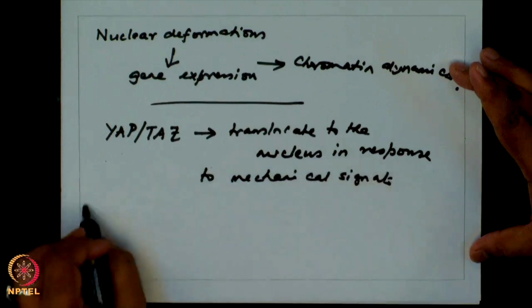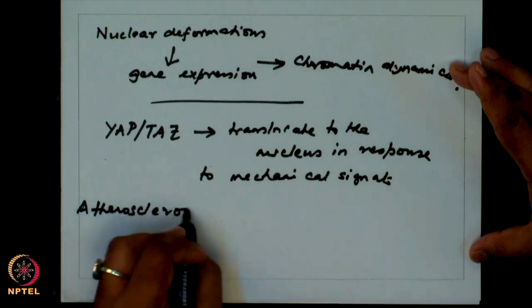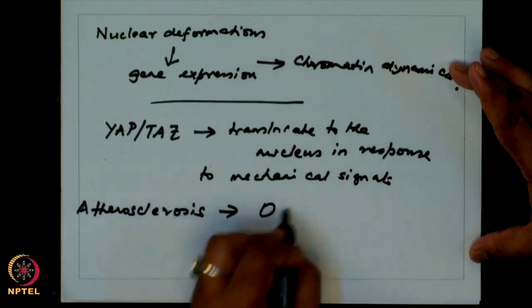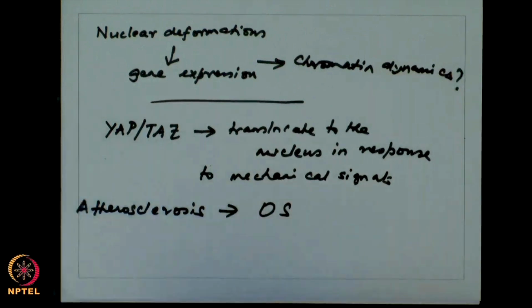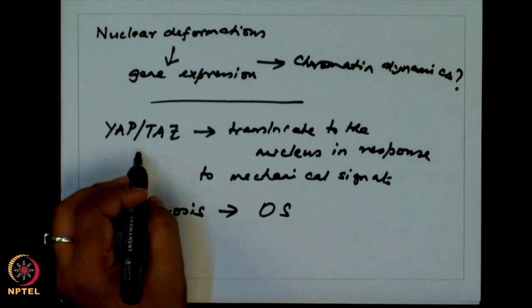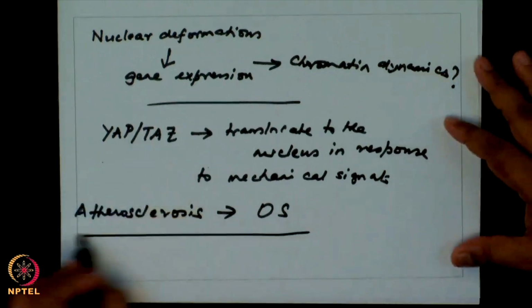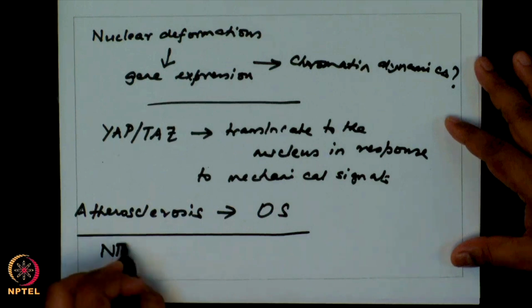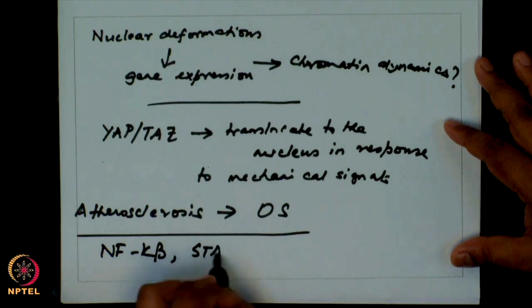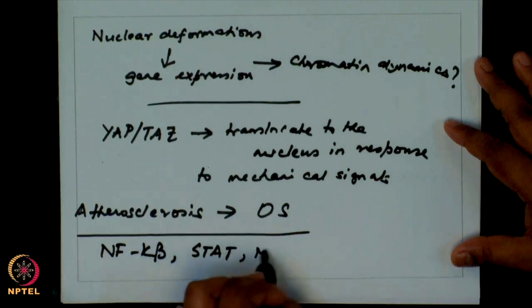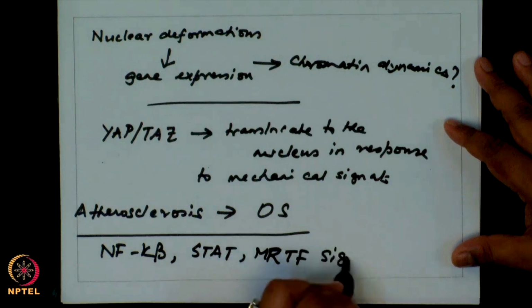In the context of atherosclerosis, in response to oscillatory shear stress, YAP/TAZ was shown to translocate to the nucleus. There are other such transcription factors, notably NF-kappaB signaling, STAT signaling, and MRTF signaling pathways.